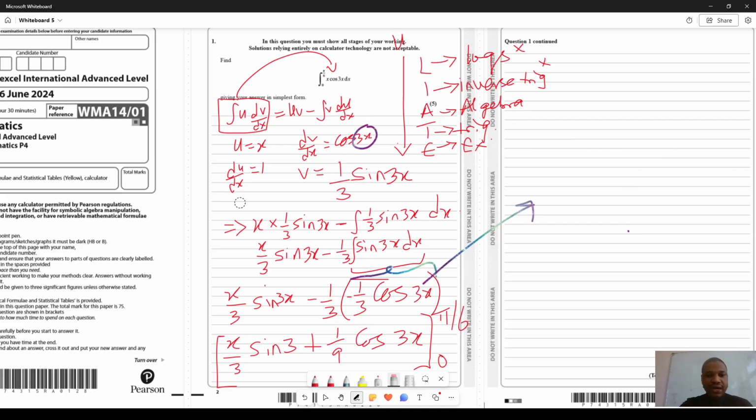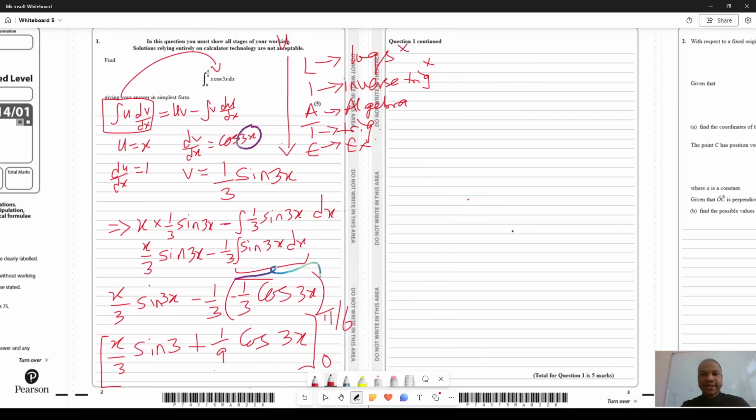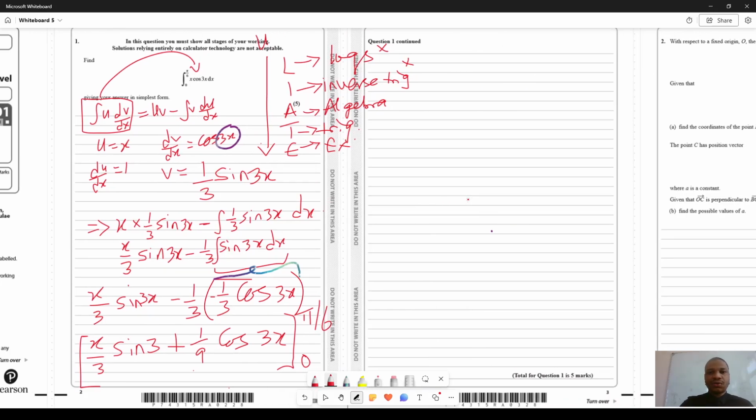So now all I have to do is substitute my limits. What I normally do is put two brackets, minus, so that I don't get confused.